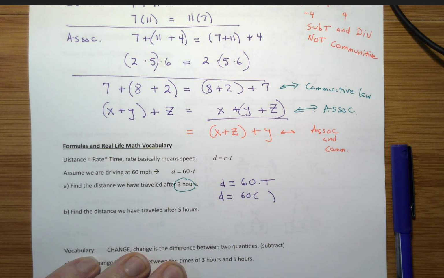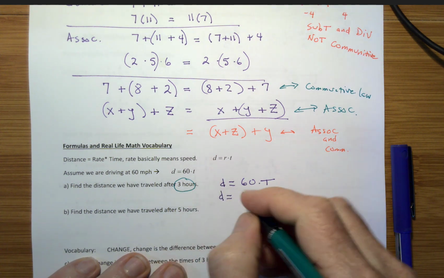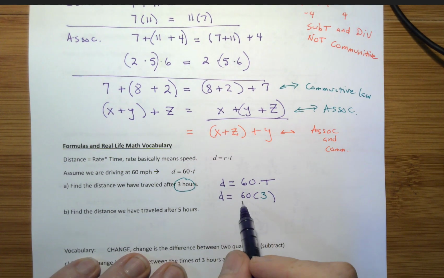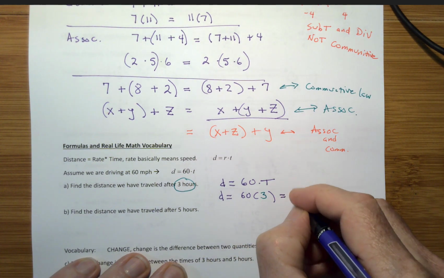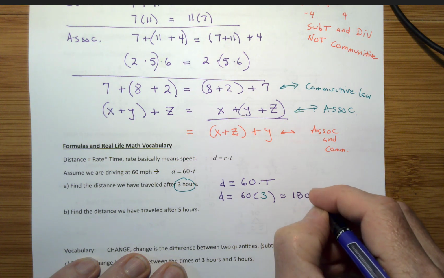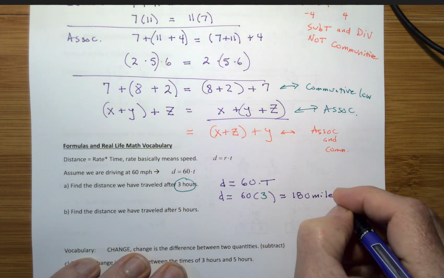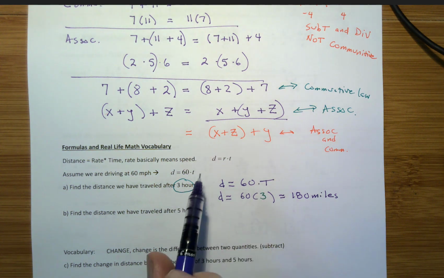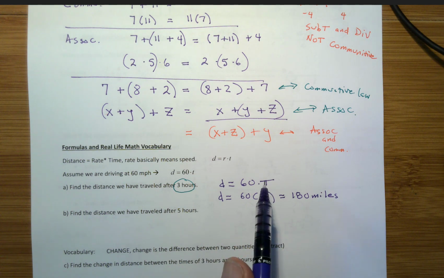We're going to take the T number out and replace it with 3 hours. And 60 times 3 equals a distance of 180 miles. Okay, hopefully that makes sense. That wasn't too hard, but we're just plugging numbers into their position in the formulas.